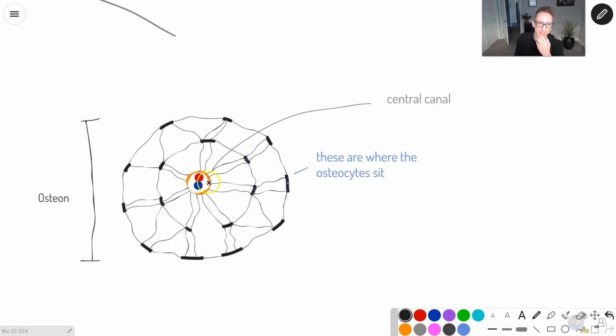We got our central canal there. We got our blood vessels. That looks kind of trash. Blood vessels. We've got our canaliculi. I'm going to label a couple of them. Canaliculi.